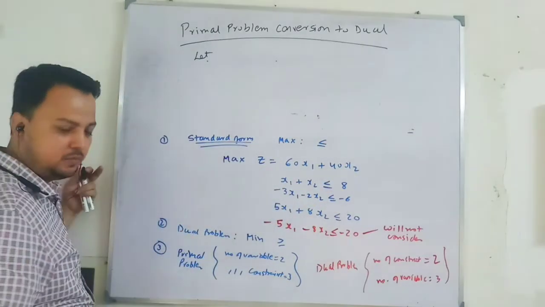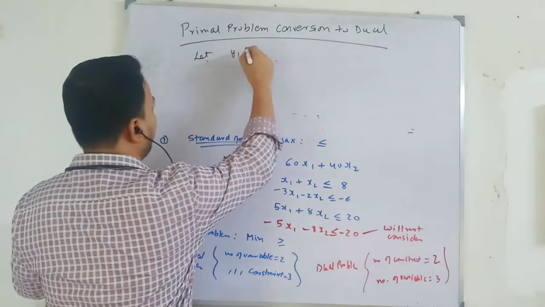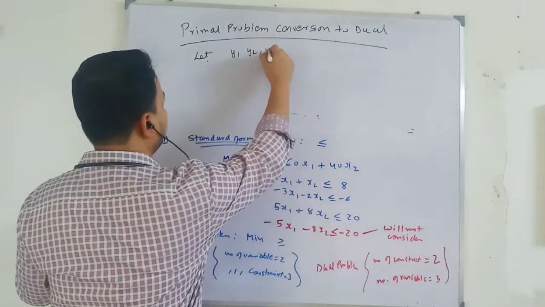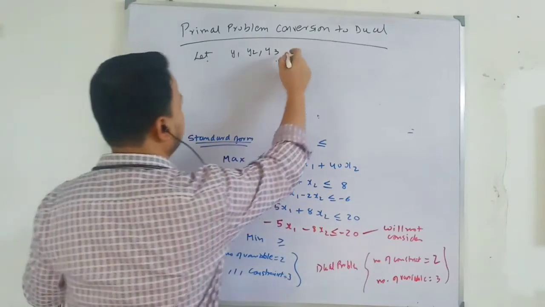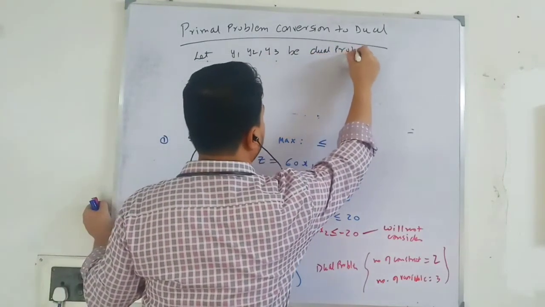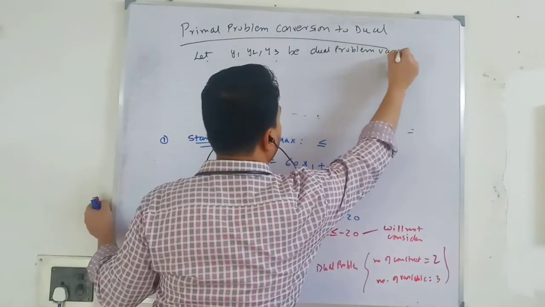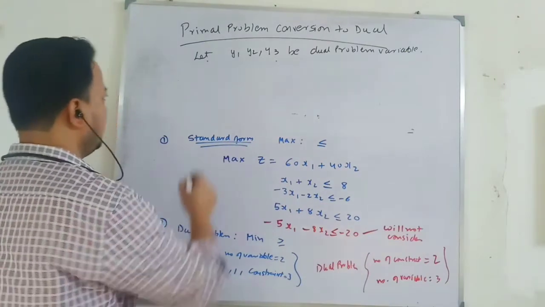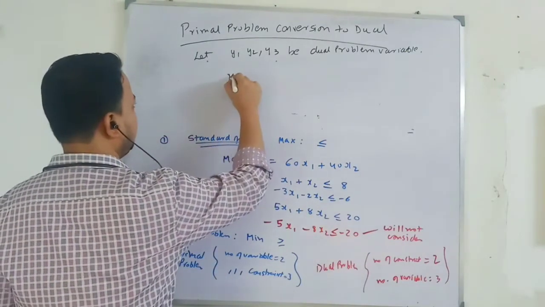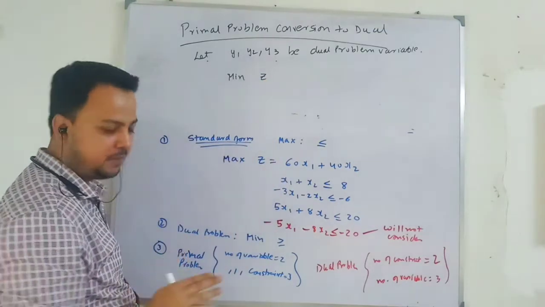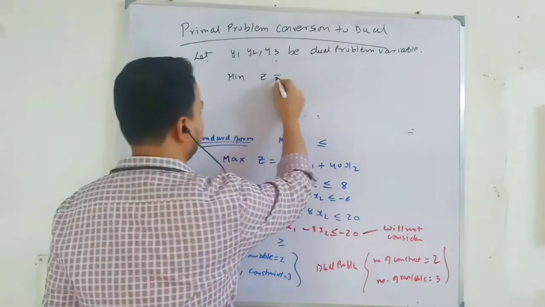Let me use other terminology. Okay, y1, y2. How many variable I will have? 3 variable, right? y3. Okay. These are the dual problem variables. Okay. Now my dual problem is minimization. Objective function you can write z or anyone. Okay, I am using the terminology z, so I am writing z.